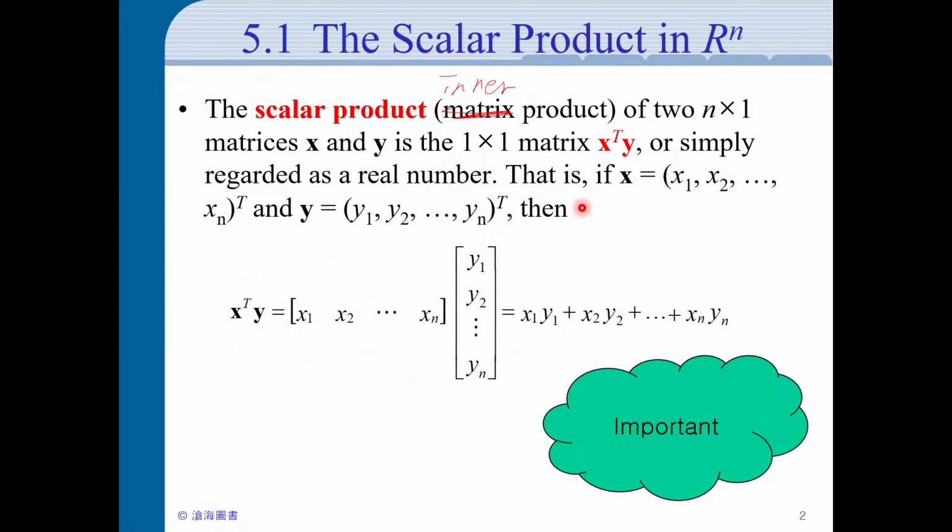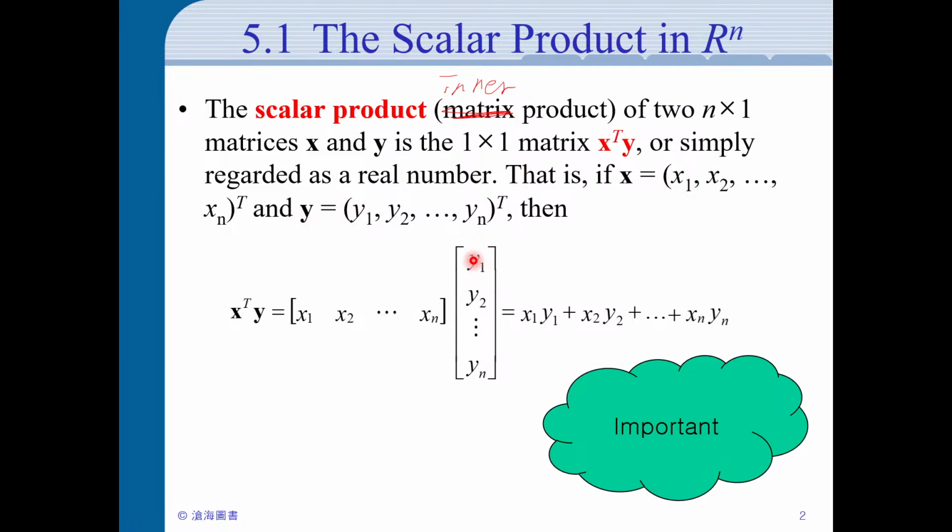So you have x with its coordinates x1 to xn, and y has its coordinates y1 to yn in the standard basis. For now we talk about everything in the standard basis. We will probably do change of basis later.